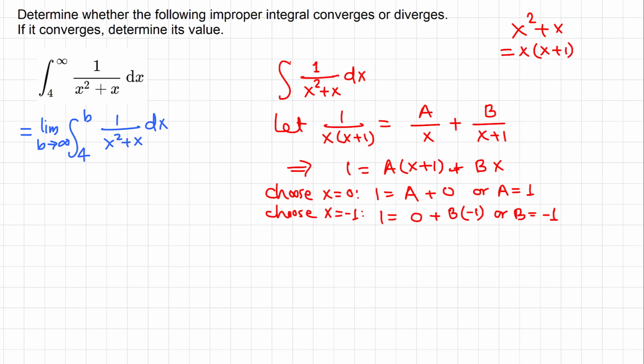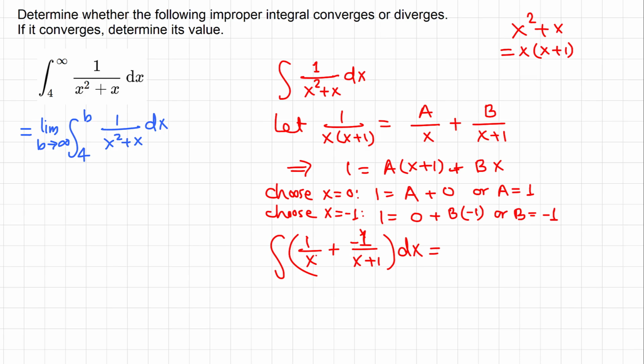So now we can rewrite this integral as A over x plus B over x plus 1, and A is found to be 1, so 1 over x plus B over x plus 1. B is negative 1 over x plus 1, and this is the whole dx. Now we can integrate this.